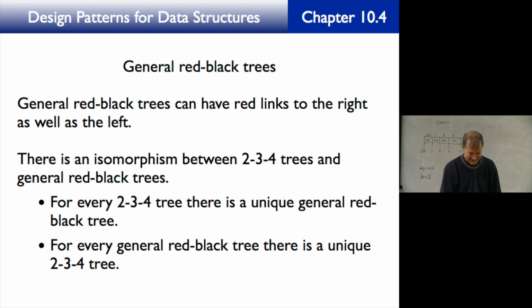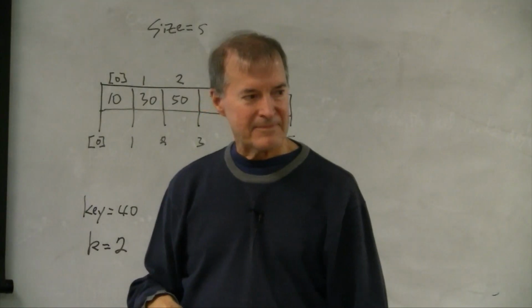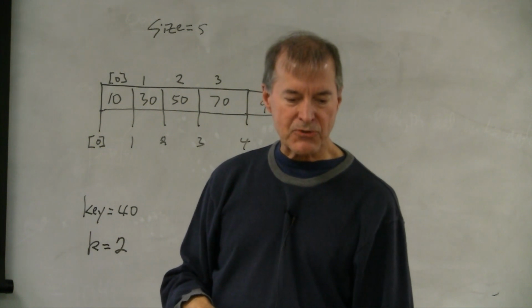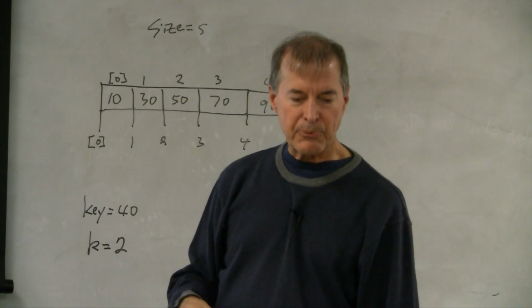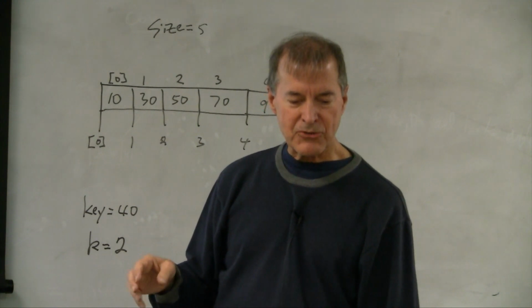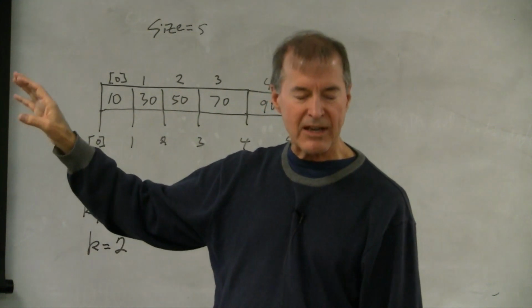And so probably in the manuscript I'll do a figure of this, but you can imagine what it would look like. And in fact, if you look at Sedgewick's treatment of left-leaning red-black trees, he uses this analogy from the get-go.